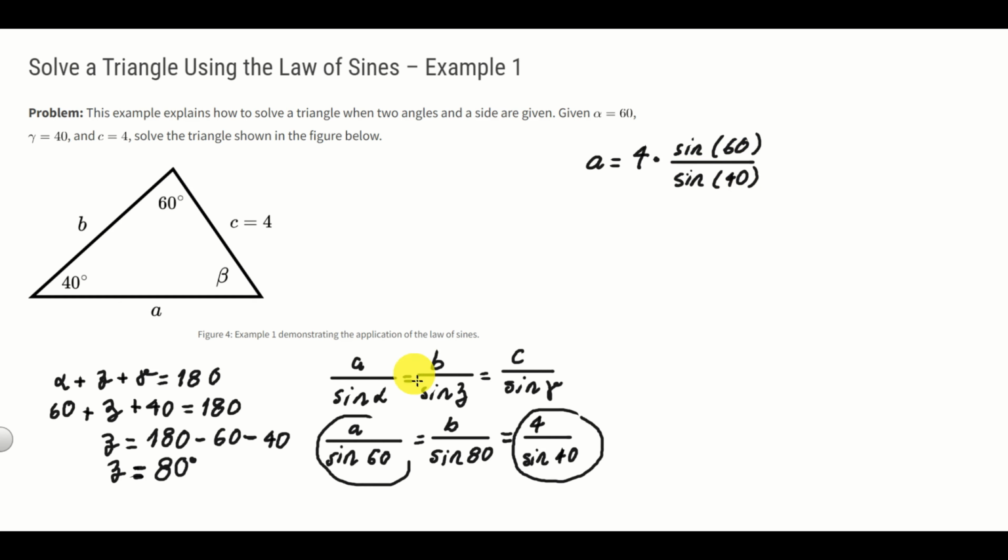Then, by combining this part over here and this part over here, we can obtain B. B is equal to 4 multiplied by sine 80 over sine 40.